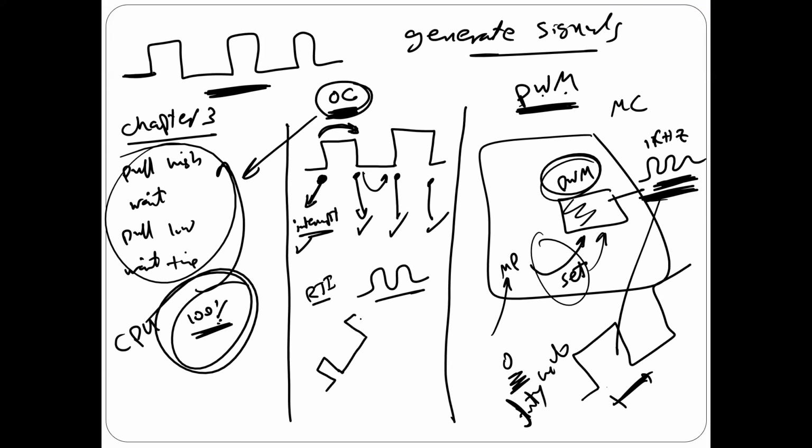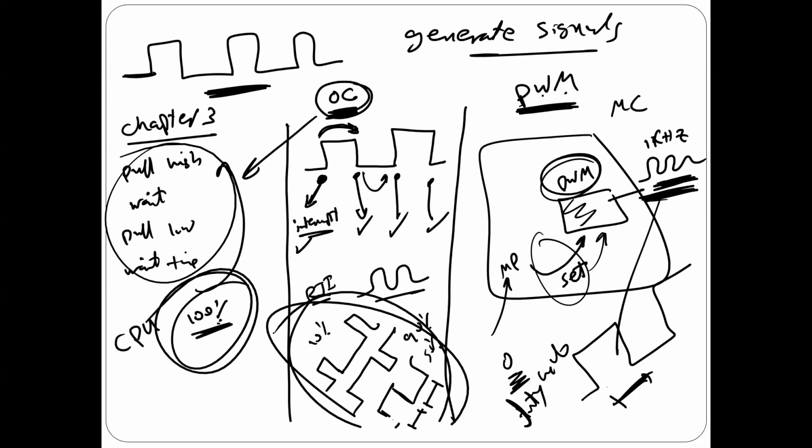For example, this one can be like 10%, but if the high is too much, something like that, this is 90%. If it is 50-50, it should be 50%. So 50% means the high and low are at the same time. In some applications like stepper motor and others, as I will explain when I come to pulse width modulation, we need something like that. I need some way to control the duty cycle easily. Pulse width modulation can do that.